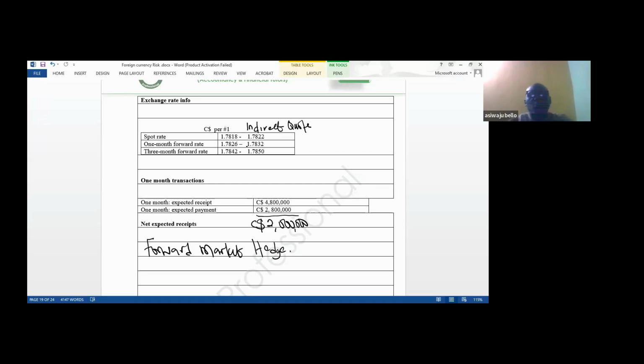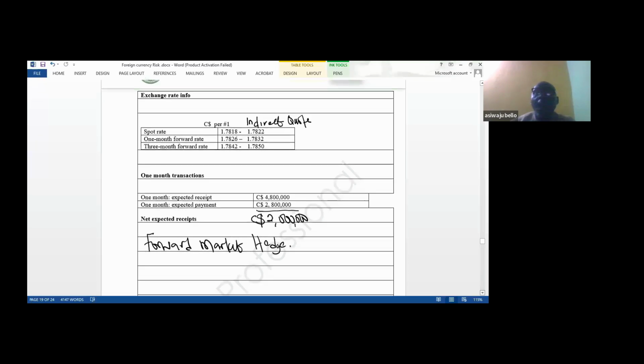To answer this question, identify the buyer. Our company in Nigeria, we are expecting net receipt of 2 million. If we get this cash, we are going to approach our bank. We are going to be selling dollar.